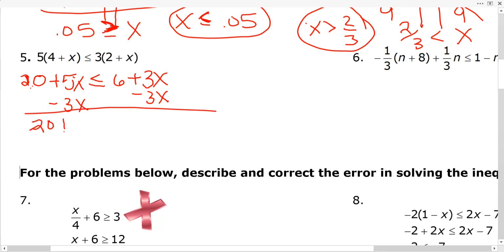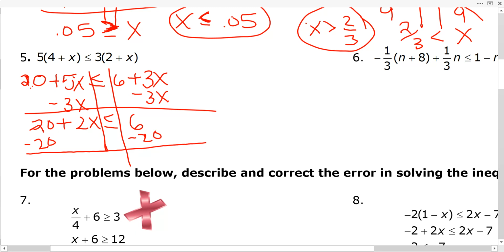So I have 20 plus 2x is less than or equal to 6. Subtract 20 from both sides. 2x is less than or equal to negative 14. Divide both sides by 2. And I end up with x is less than or equal to negative 7.